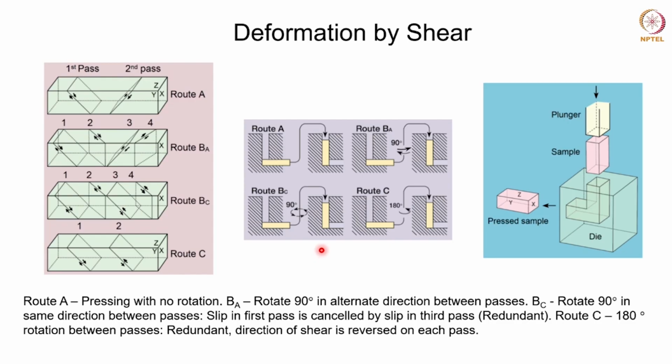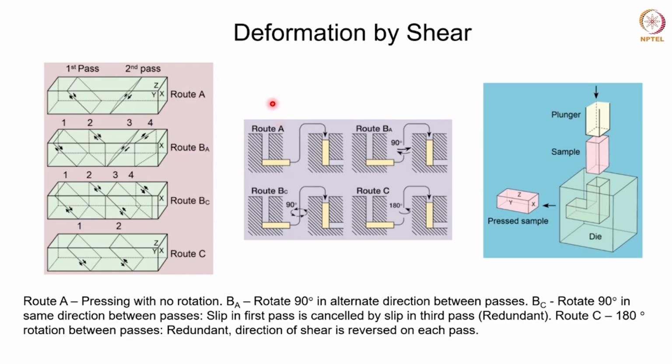What is done between two consecutive passes gives rise to a particular type of ECAP process, and these different routes of ECAP are given names. For example, route A is pressing with no rotation between passes, which you can see in the first picture of this diagram.